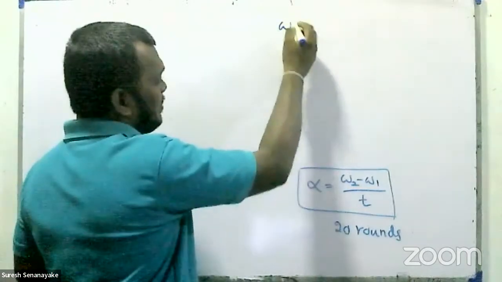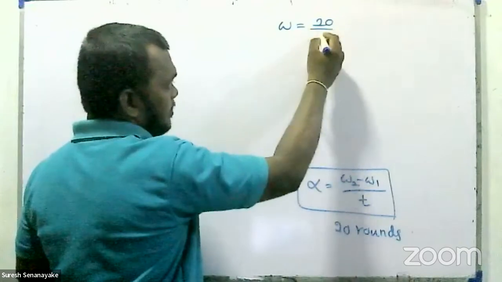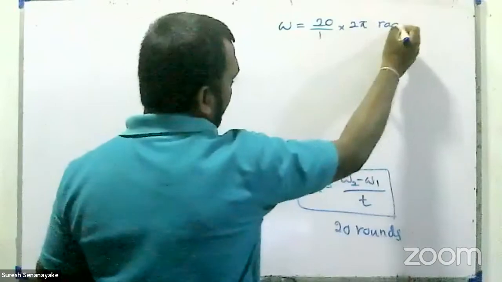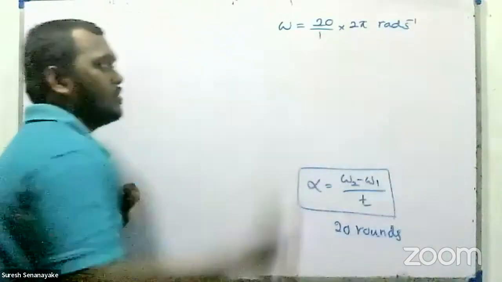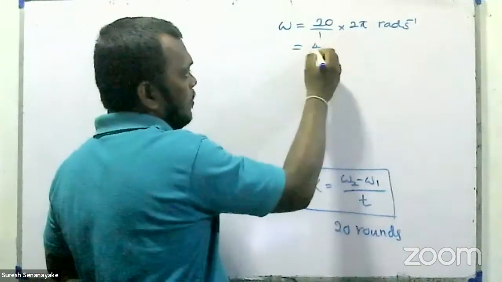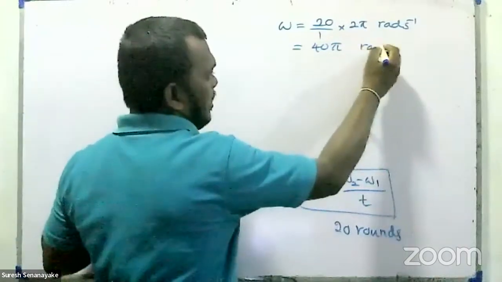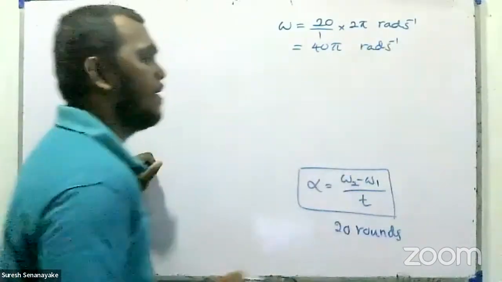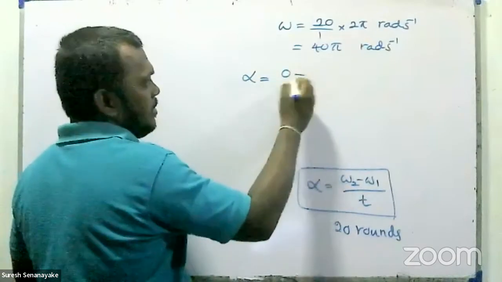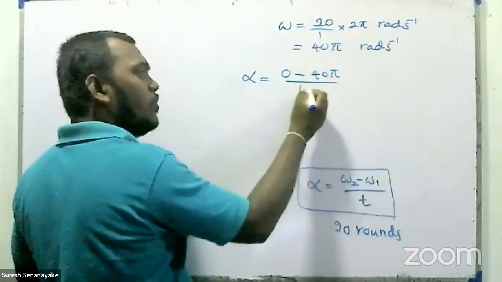Here we need to find omega. 20 rounds per second means one round is equal to 2 pi radians, so we need to convert it to radians per second. Then this 40 pi needs to be substituted. Alpha, they are asking: final is 0 and initial is 40 pi, divided by the time 10 seconds.